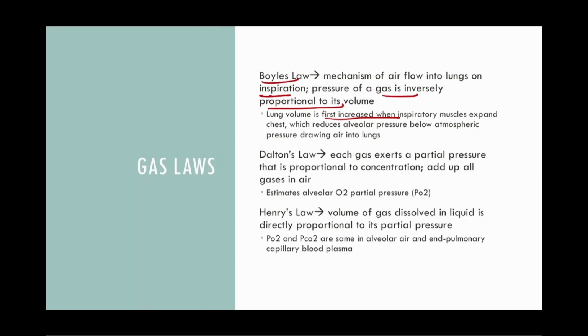Breathing is passive because the minute you breathe in, pressure drops in the lung and air just gets sucked into your lungs and you can breathe. And then you breathe out. We'll talk about the muscles that help with expiration later on. So Boyle's law: the more volume of air, the lower the pressure. So it draws air into the lungs.